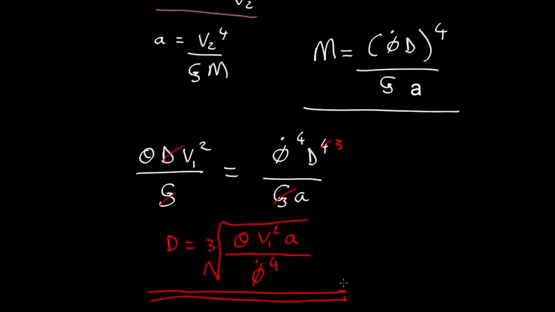So we can work out d in terms of only things we can measure: theta, how far away the side dots are from the center, the Doppler velocity of those side dots, the acceleration of the object in front, and the angular speed of the object in front raised to the fourth power.